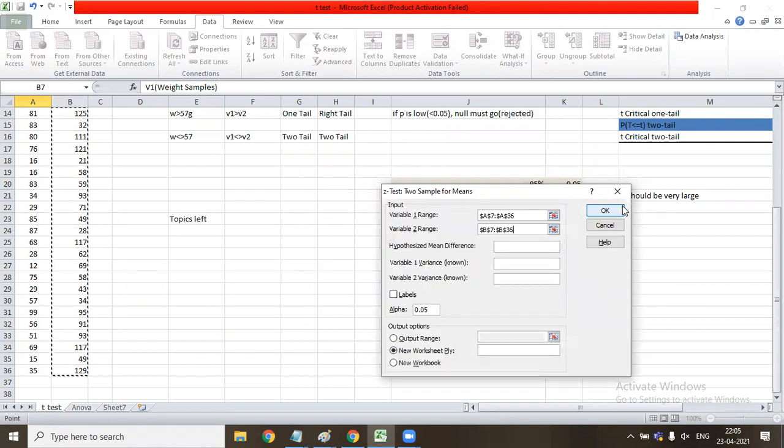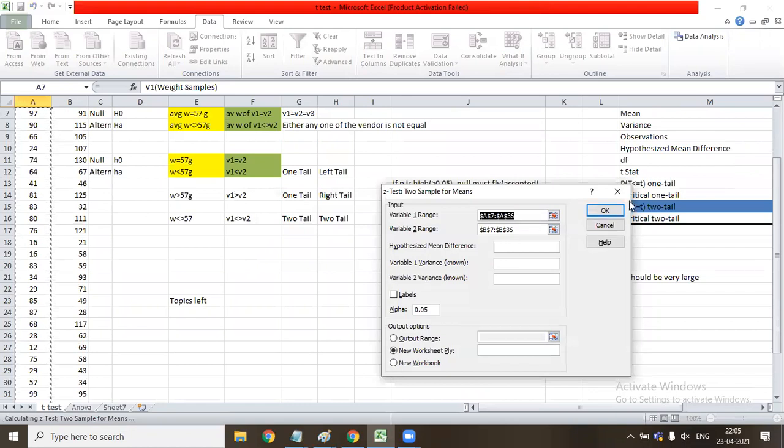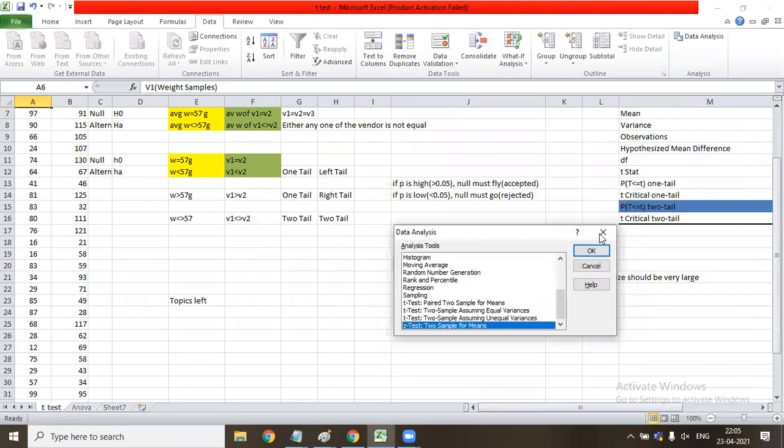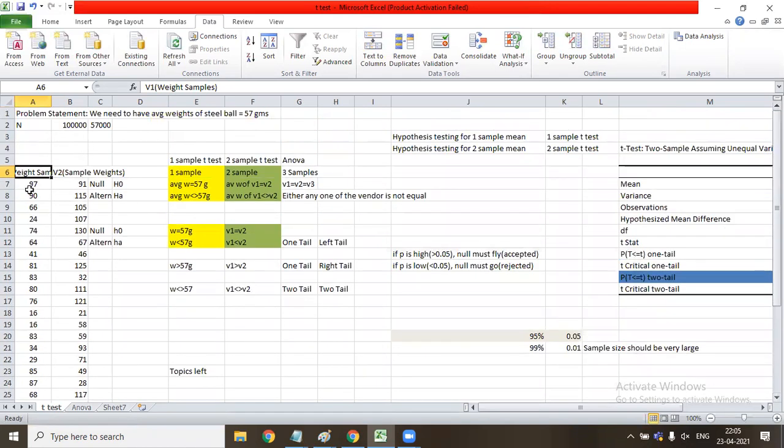Another assumption of the Z distribution is that the variance we need to enter. Variance is basically the variation in the data. It basically says the variance of the thing is known.